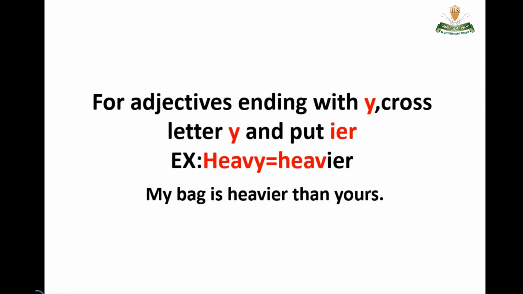For adjectives ending with letter Y, and before letter Y we have a consonant, we cross letter Y and put IER. Look at the word heavy. The last letter in the word heavy is Y. And before letter Y, we have letter V, which is consonant.